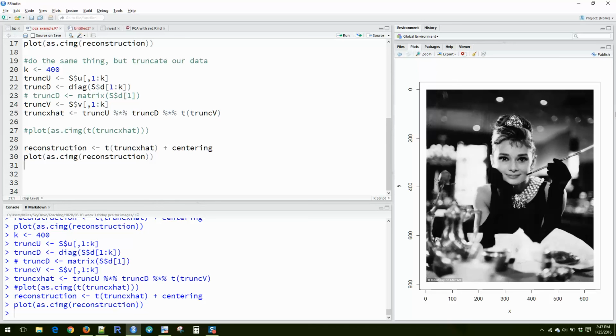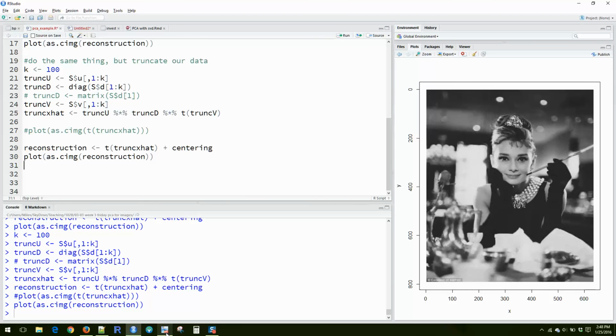We can see the difference between carrying all 600 versus carrying 100. This is kind of the picture of how much information is lost when you go from carrying all 600 to 100.